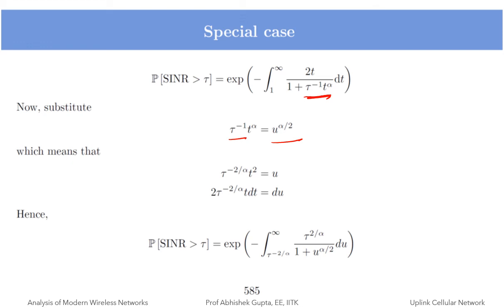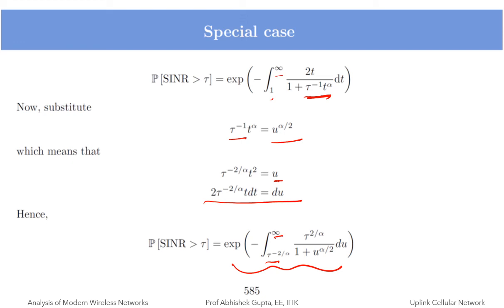And what I did is I took the power 2 by alpha on both sides. Then if you differentiate this, this will be equal to this. I put this substitution back, and the same expression can be written in the following form. So u is this. If you put t equal to 1, you get this limit, and if you put t equal to infinity, you get this limit.